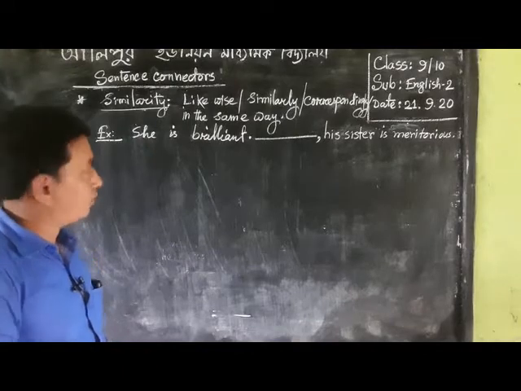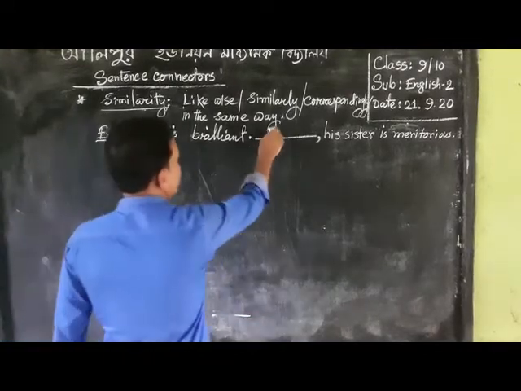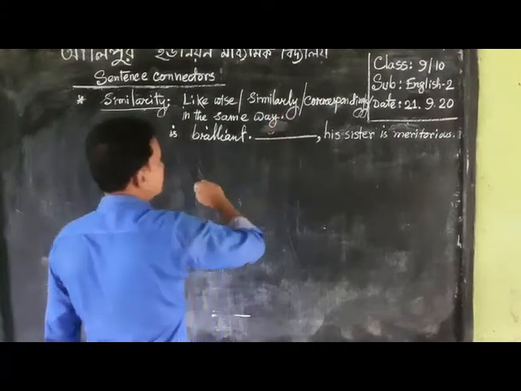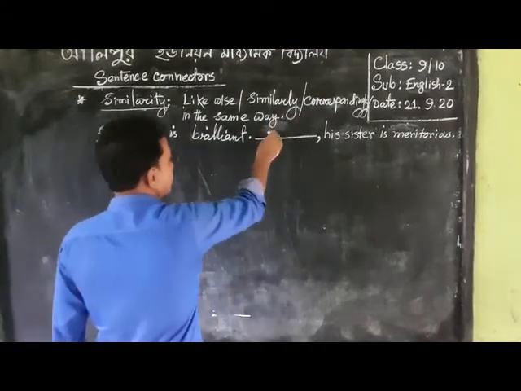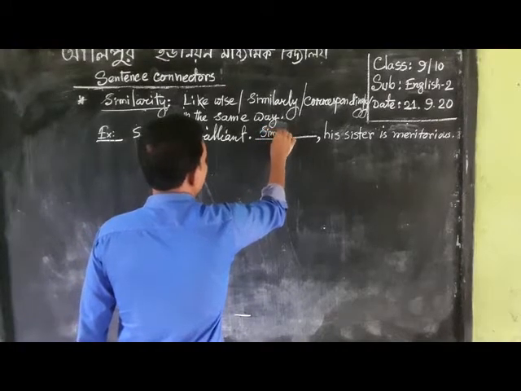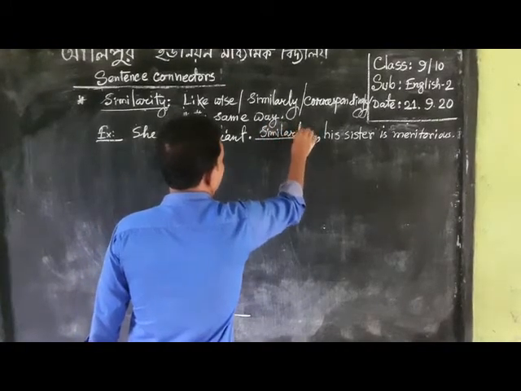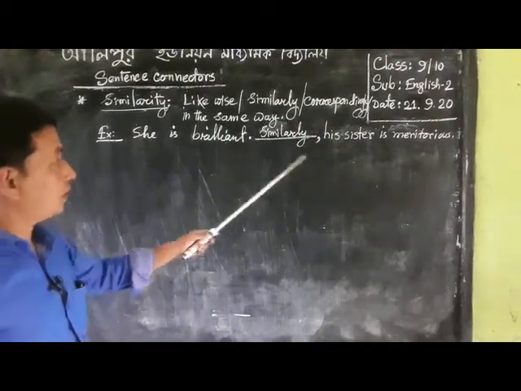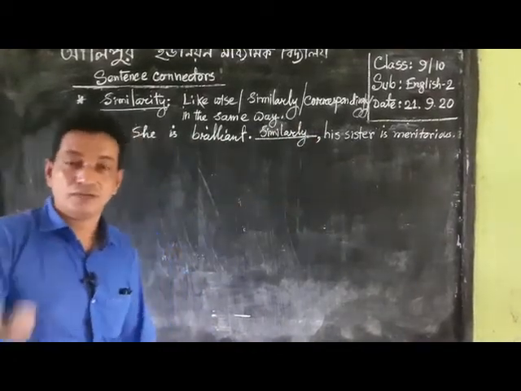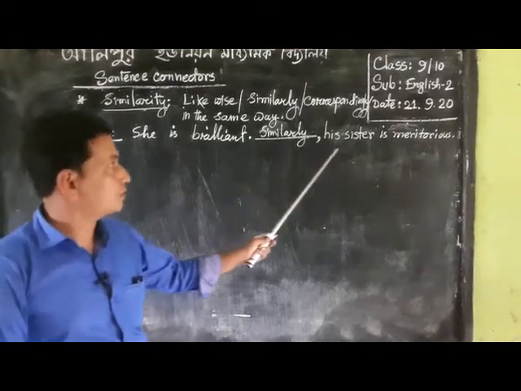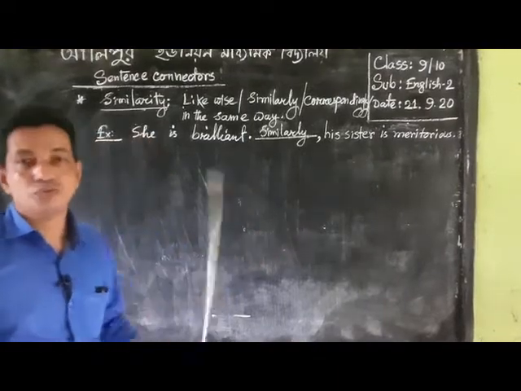And we may write down similarly or likewise, correspondingly, and in the same way. Similarly. Okay, dear student, because she is brilliant and her sister is also brilliant or meritorious, because there is some similarity between the two sisters.